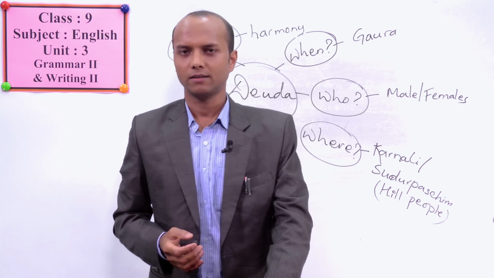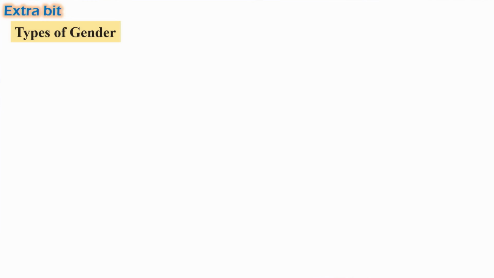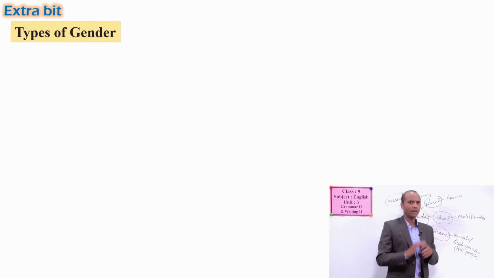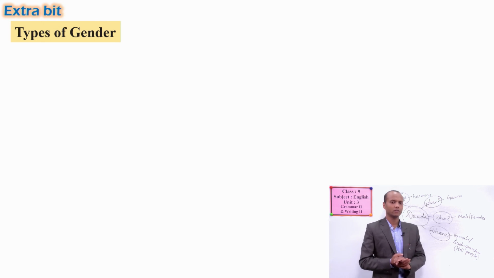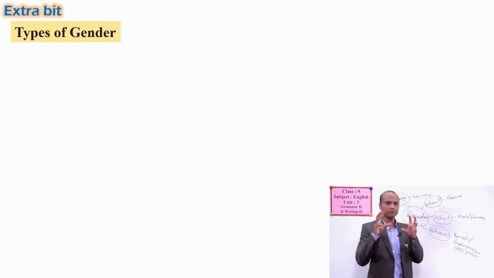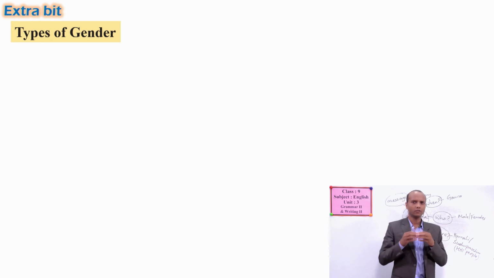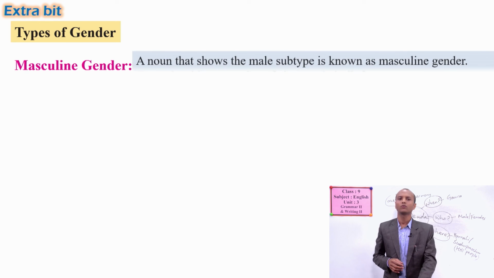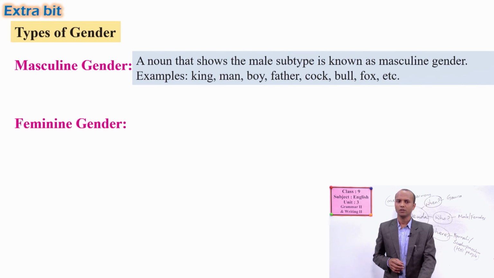So last is an extra bit. Okay, it talks about types of gender. Dear students, so you might have clear ideas or known about the gender system. Here it refers to having masculine or feminine characteristics. Okay, so based on this criteria, all the nouns are divided into 4 different types: masculine, feminine.